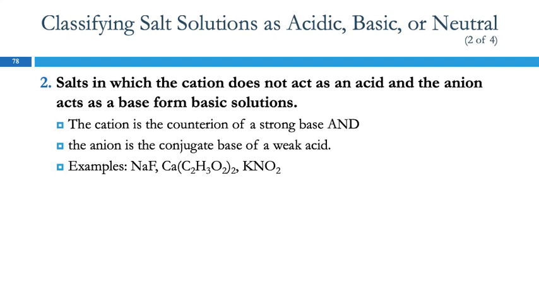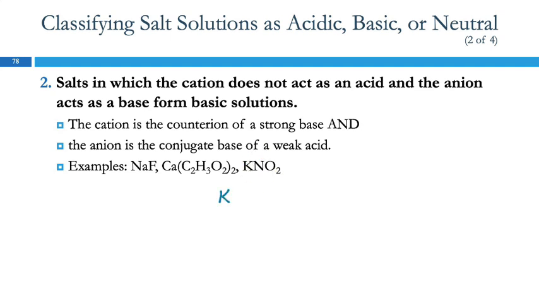You can have a salt where the cation does not act as an acid, but the anion acts as a base. So here we've got the cation being the counterion of a strong base, and the anion is the conjugate base of a weak acid. So let's just look at KNO2. So what are the two ions there?